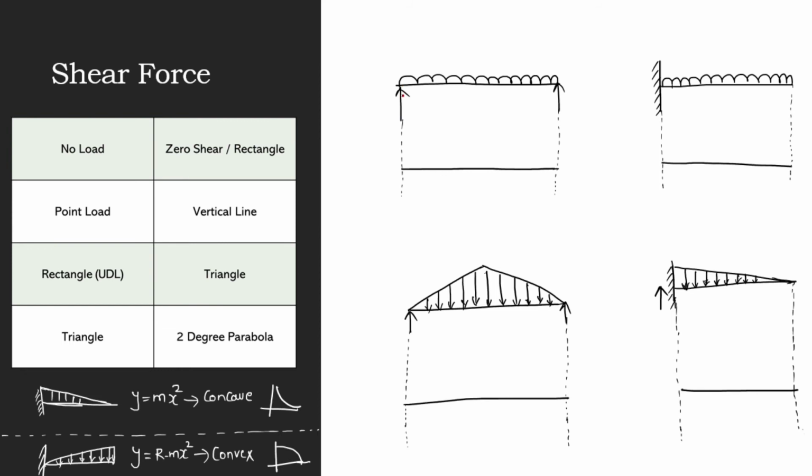We have a point load. So for a point load we will have a vertical line. Let's say this is RA and RB, 2 reactions.